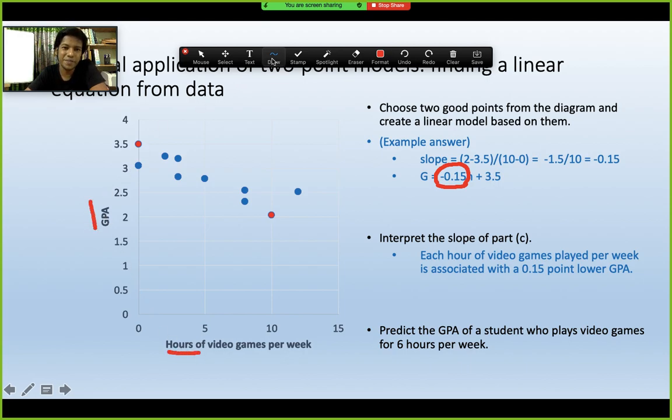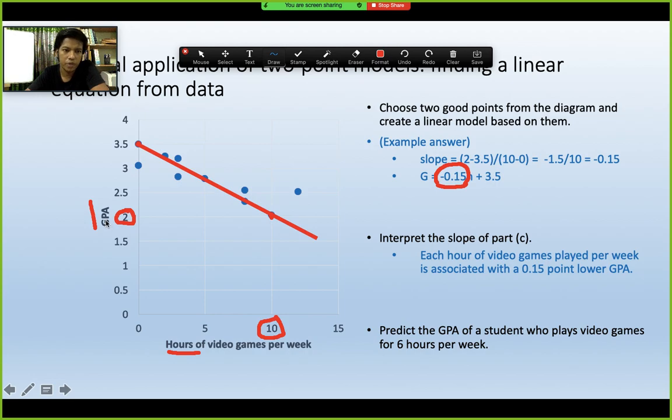Let me tell you what is happening in this math. If some students play a lot of video games, let's say 10 hours of video games, then his or her GPA is 2.